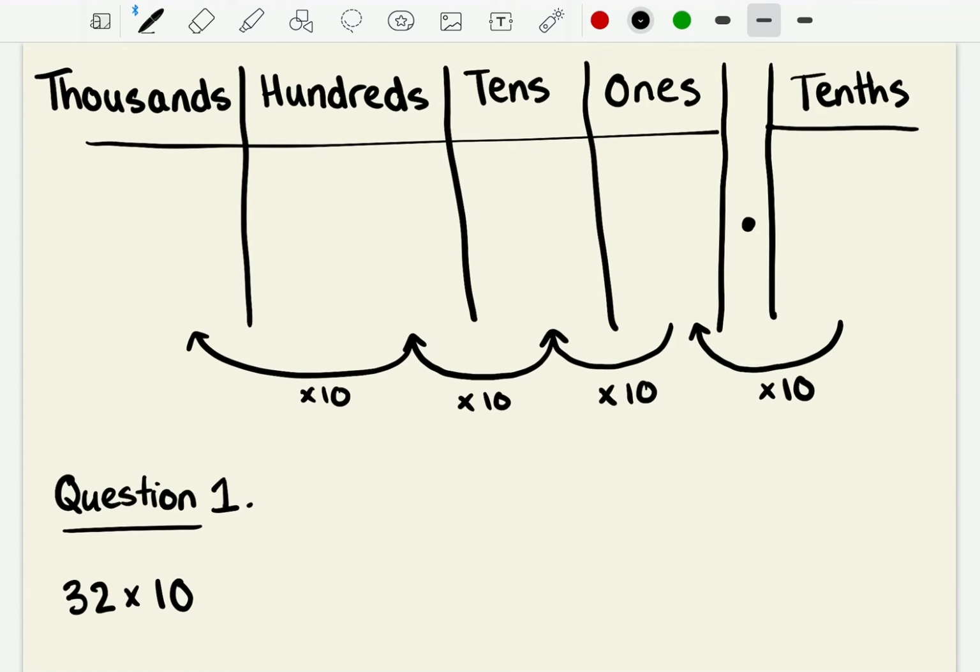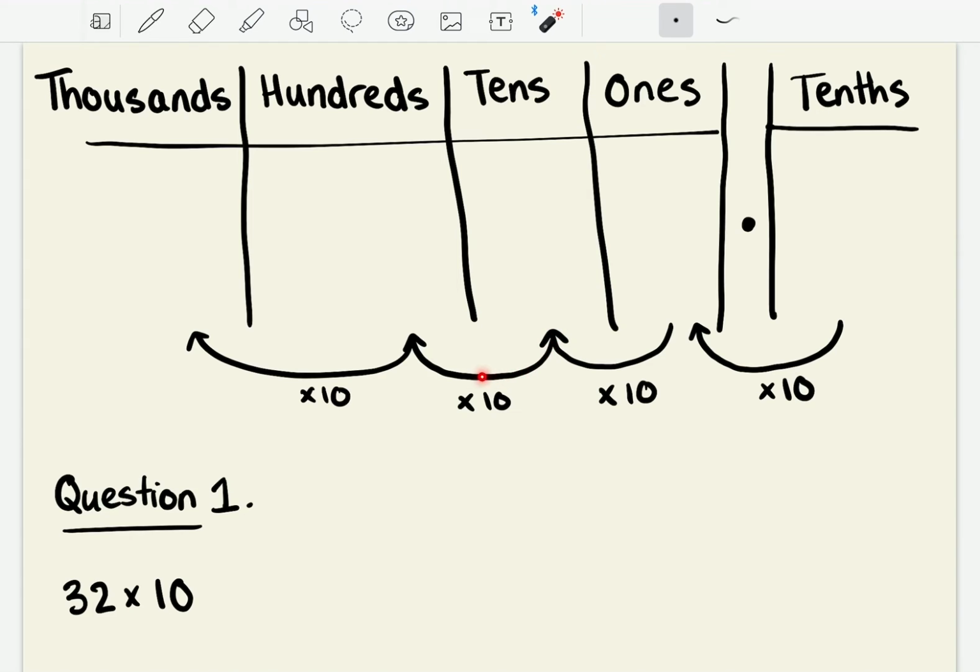So we've got question 1 here, which is 32 times 10. Before we start, let's just remember that as we move to the left from one column to the next column, so for example from 1s to 10s here, we know that we're multiplying by 10. The next column will be 10 times larger than the previous column, and it's the same for every column.